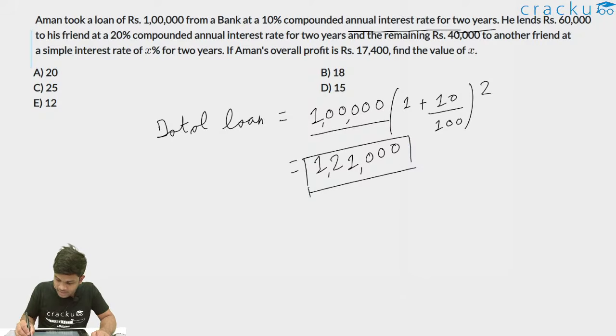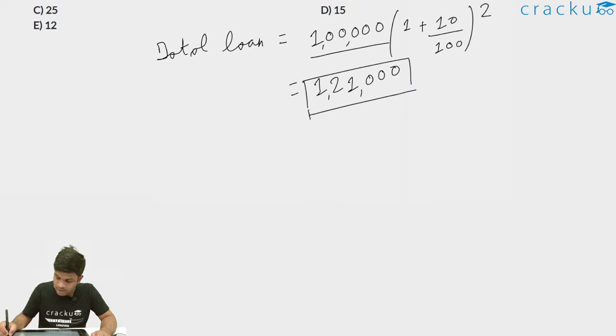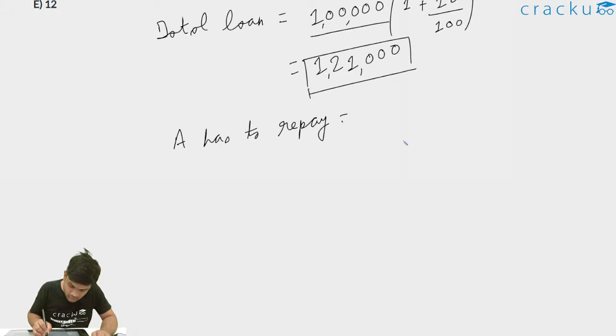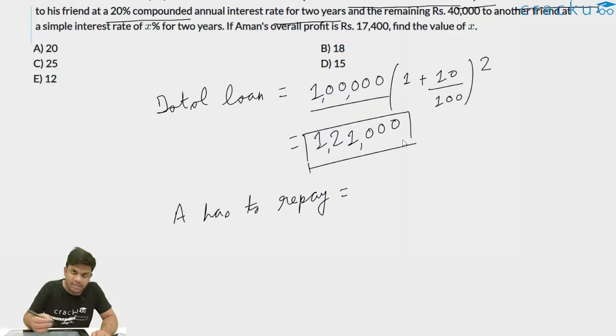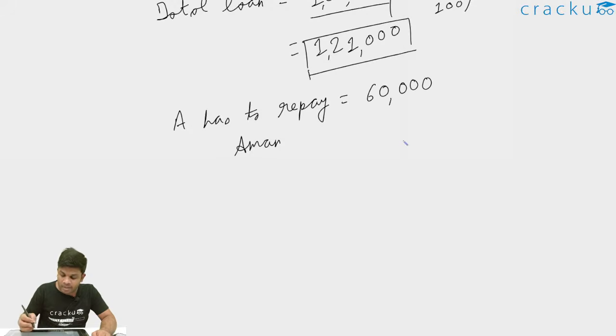Now what he did is he lent 60,000 to his friend at 20% compound interest for 2 years. So out of this 1 lakh, he lent 60,000 to another friend at 20% compound interest. Let's say he has given it to A. So the total money that A has to repay to Aman. 60,000 is the loan that A took from Aman.